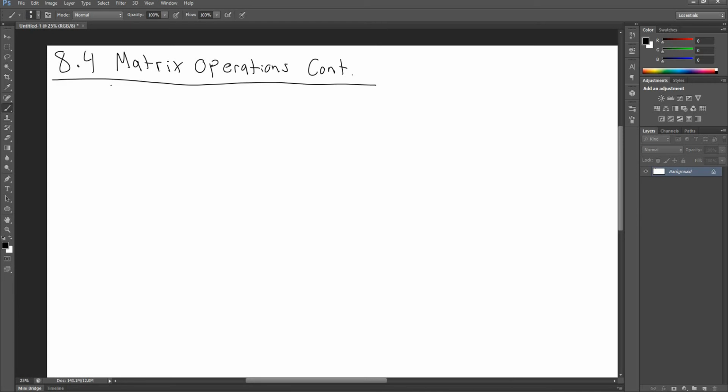So in dealing with matrices, we can have all zeros as entries. So we could have a 1 by 1 matrix, it's just a 0. We could have a 2 by 2 that would have 4 zeros. We could have a 3 by 3 that would have 9 zeros.